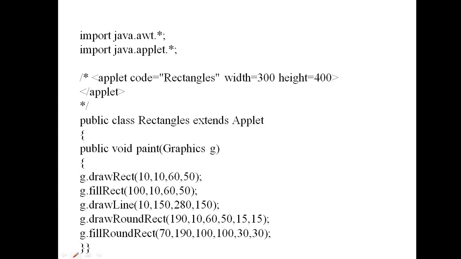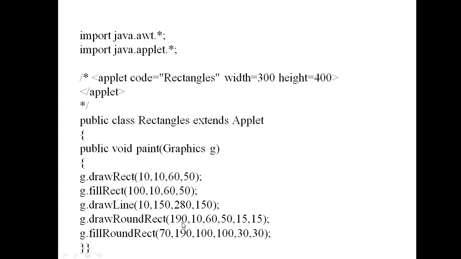Then drawLine, that is the third method here. So we need to specify two coordinate positions, 10 150, that is the x1 y1 value, 280 and 150, that is the x2 y2 value. So from this coordinate point to this coordinate point a line is drawn. So drawRoundRect.